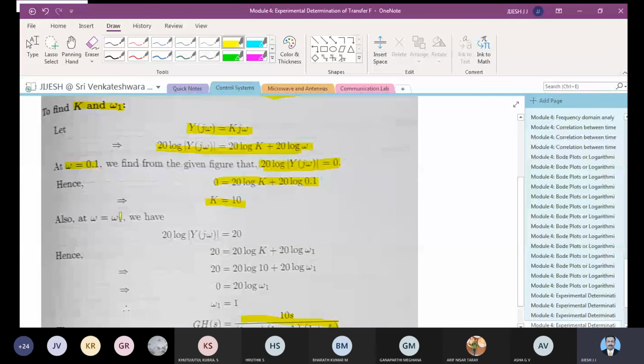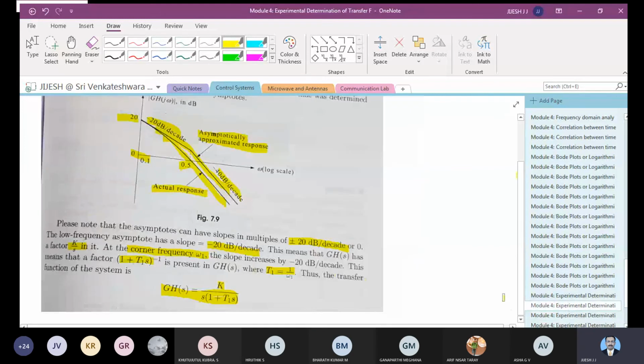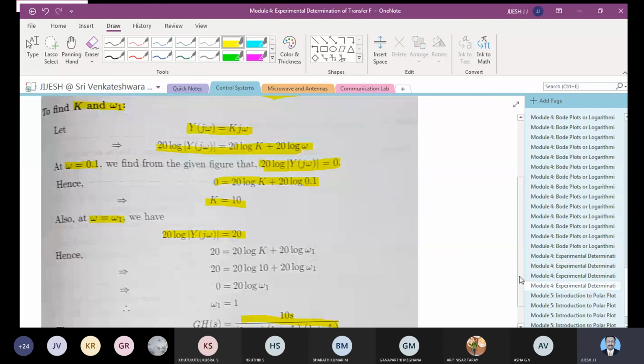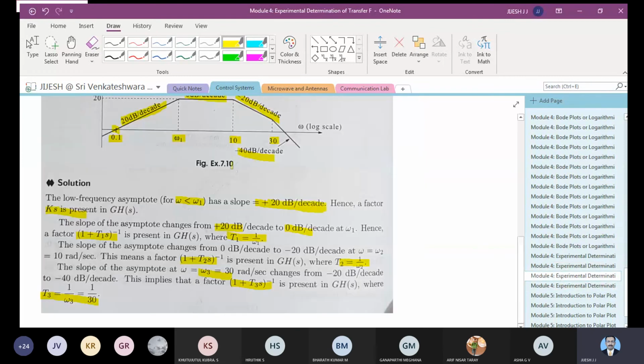So we can say that omega is equal to omega 1. So 20 log of Y of j omega is equal to 20. Here you have to see that omega is equal to omega 1. So in the figure you can see that omega is equal to omega 1, and you'll get it as 20.